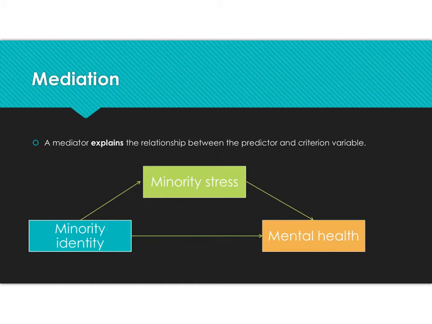That is, without the presence of prejudice, discrimination, and stigma, LGBT people would have the same mental health outcomes as their straight counterparts. So here, minority stress explains why a minority identity predicts negative mental health outcomes.